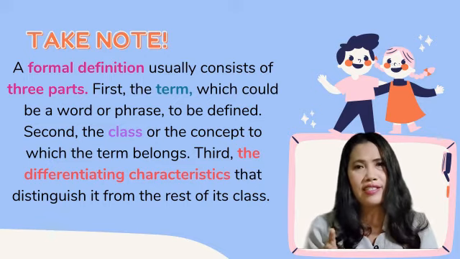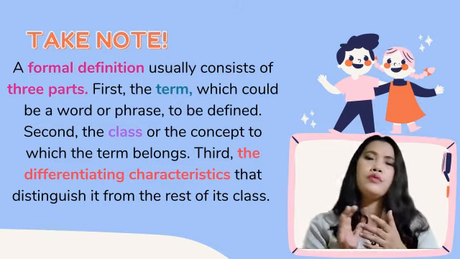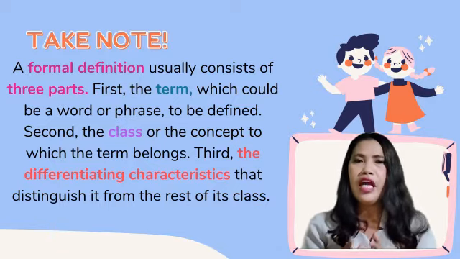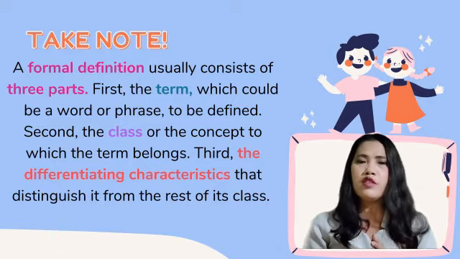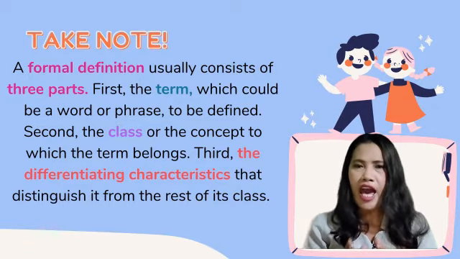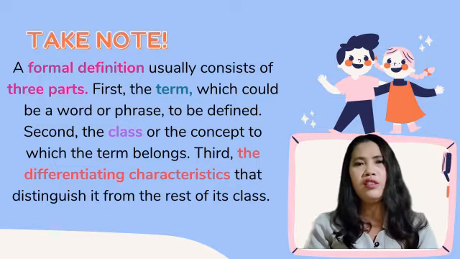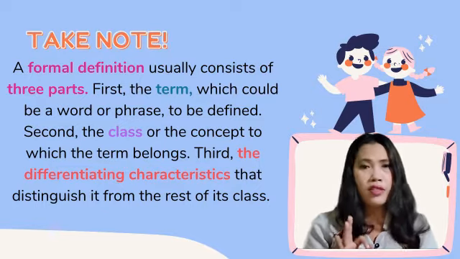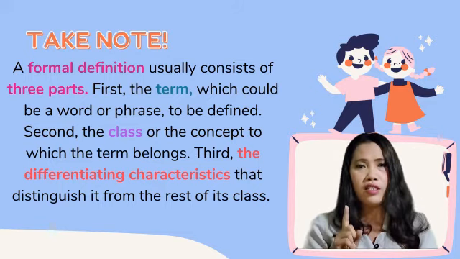To make it clear again, in having a formal definition, let's not forget that a definition has three parts. The first one is the term, or the word to be defined.